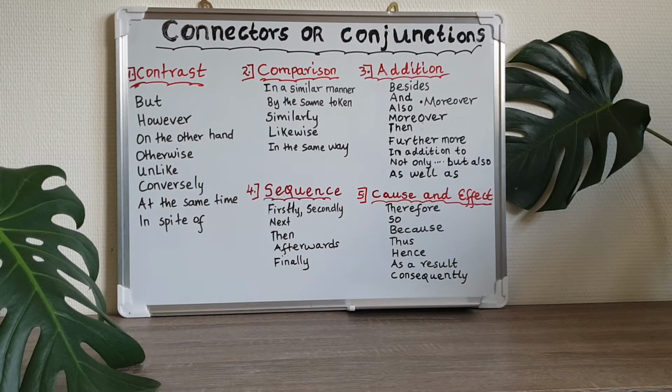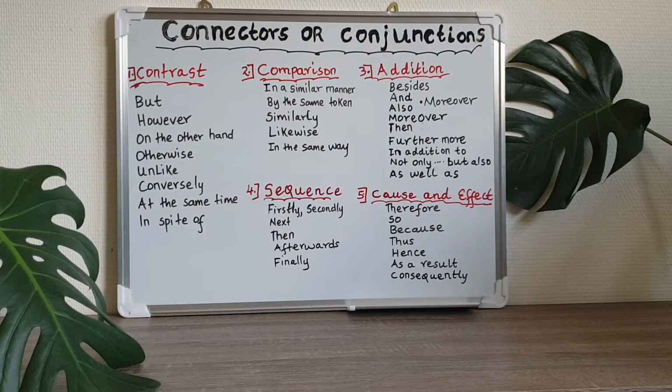To contrast is to give the opposite of something, the other side of the coin. For example, the first one is but. I will give you an example using but as a connector. Okay? He kicked the ball, but he did not score.